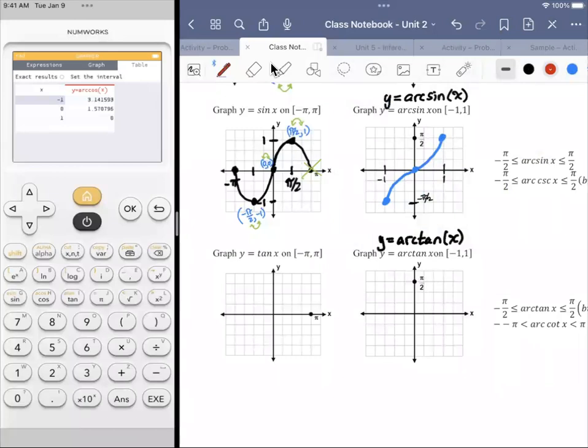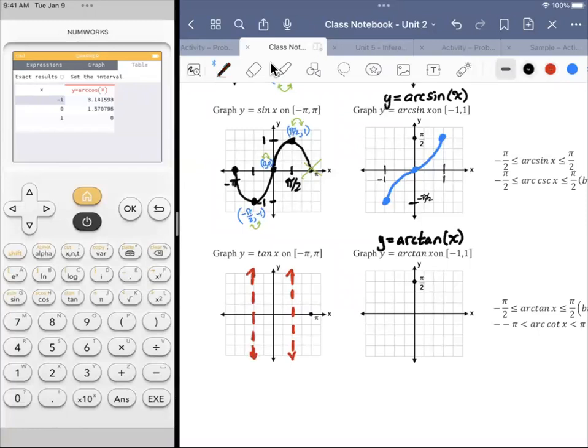I'm going to have one at pi over 2. And I would have one at 3 pi over 2, but that's off the grid. So I'm going to go the other way, because pi over 2 and 3 pi over 2 would be separated by 4 boxes. So I'm just going to pop one here at negative pi over 2.